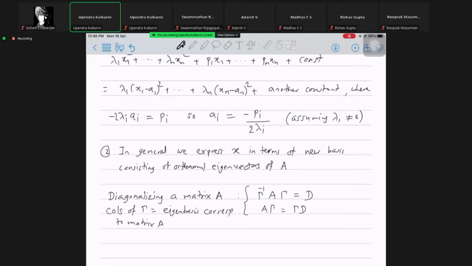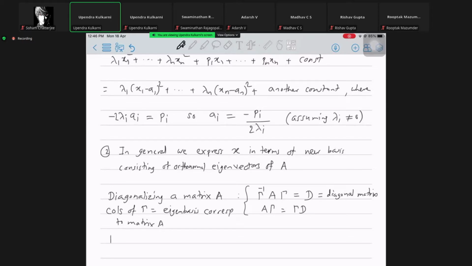And this equation here, really notice that A gamma equals gamma times D. That is precisely expressing that every column of gamma is an eigenvector whose eigenvalue is going to be the corresponding diagonal entry of the diagonal matrix D. That's exactly how matrix multiplication works.